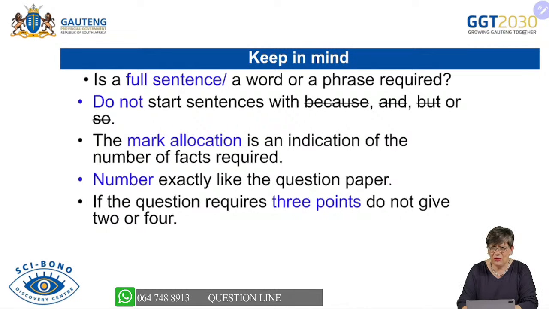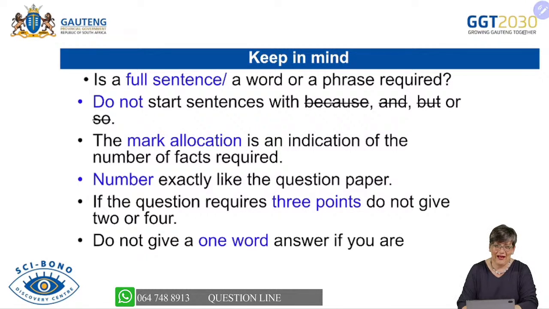Don't give us 2 or 4. It's 3 that we need, then we need 3 points. And very, very important, I'm going to repeat this quite often. Please don't give a word if you're asked for a sentence. So that's why I say, make absolutely sure you know exactly what is required of you.